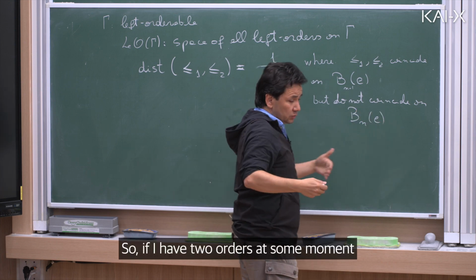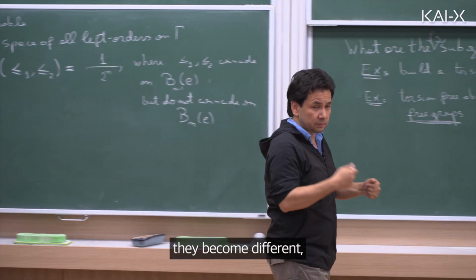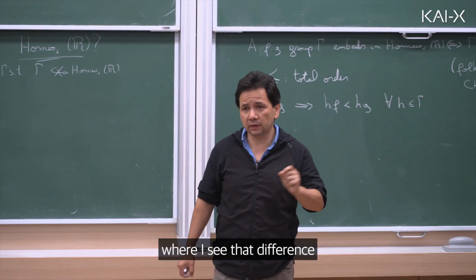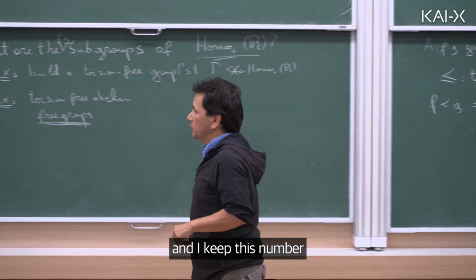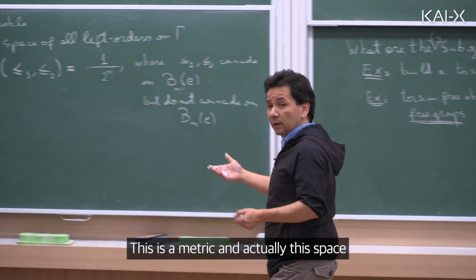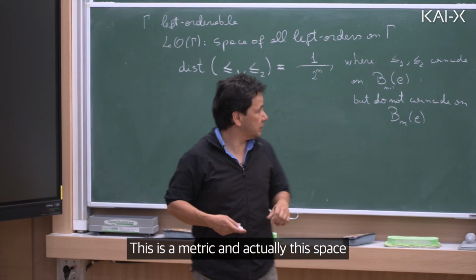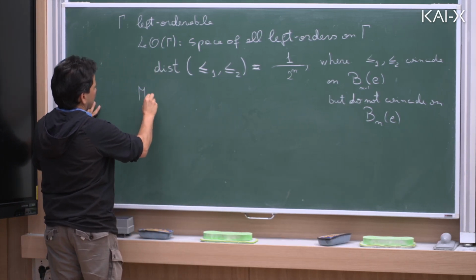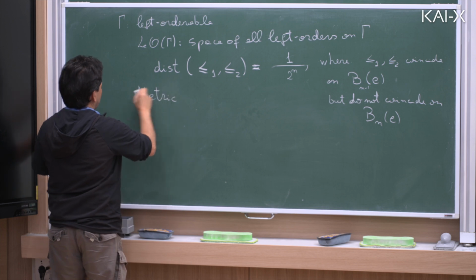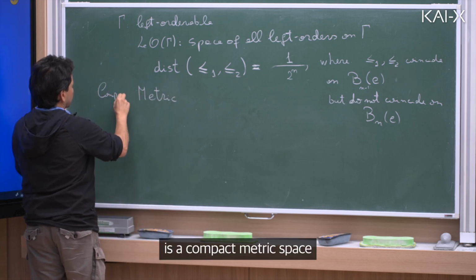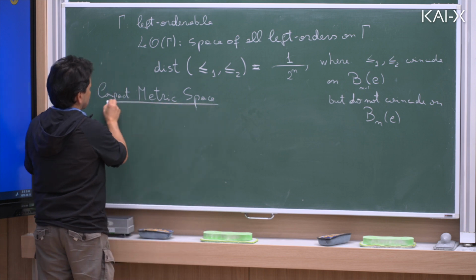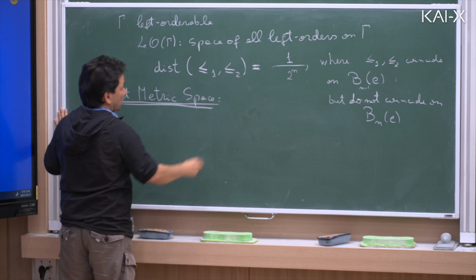So if I have two orders, at some moment they become different. So I look at the first moment where I see that difference, and I keep this number. Okay, this is a metric, and actually this space with this metric is a compact metric space.